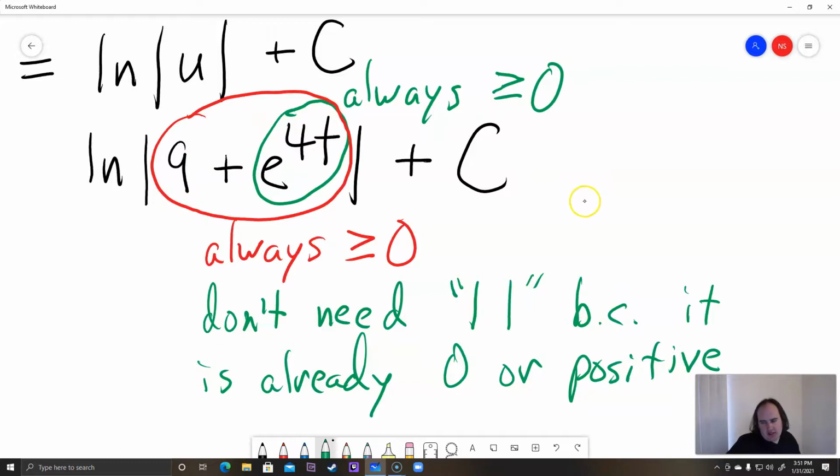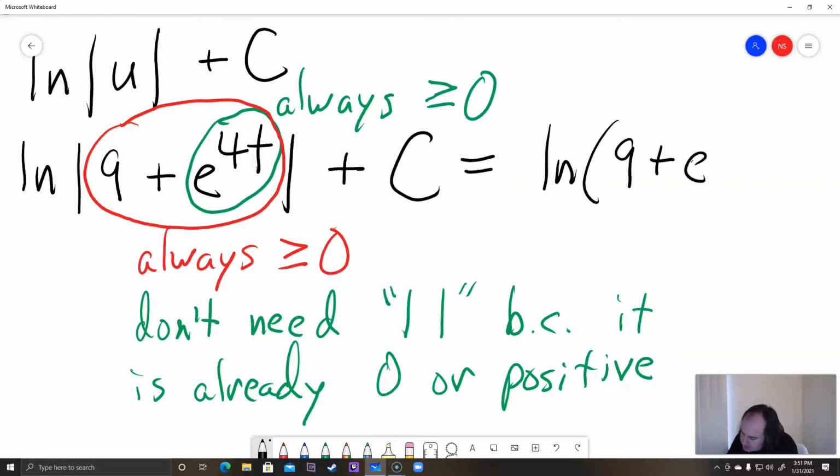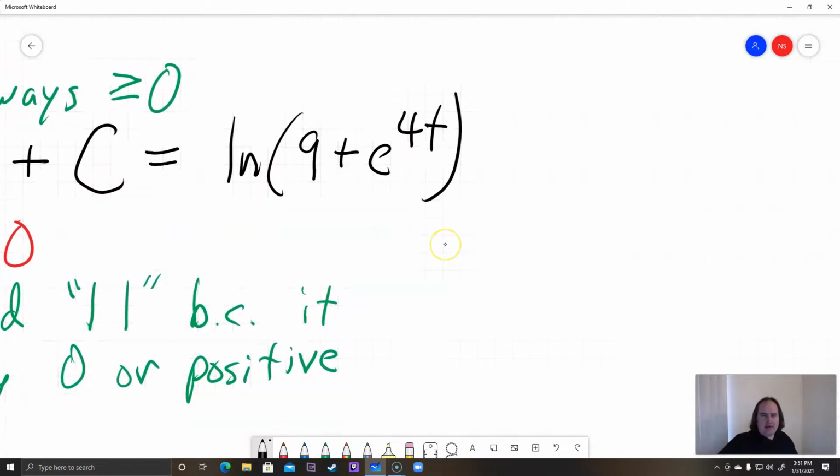I know it's a very finicky little detail, but it is important because I don't know if my math lab will accept it if you leave the absolute value. That's why I'm bringing it up. Okay, so we're actually going to rewrite this as ln of 9 plus e to the 4t plus c. So I just got rid of the absolute value.